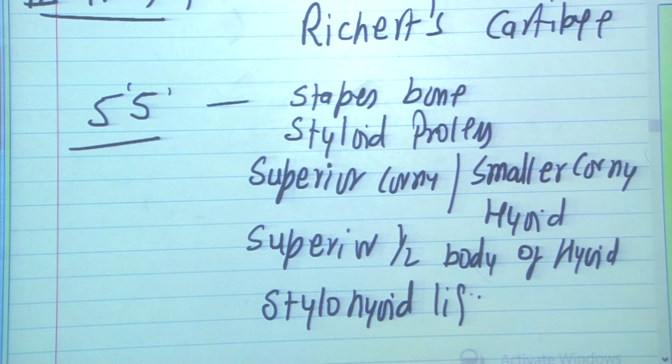So, these are the 5 structures which develop from Reichert's cartilage. This is the skeletal component.